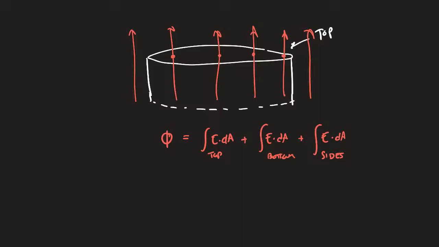Now, do you all agree that the electric field is going to have to be the same value at each of these points? Does that make sense? They're all the same distance away from the sheet. So that means that that's going to be E times the integral of dA for the top plus E times the integral of dA for the bottom, which is just 2EA.